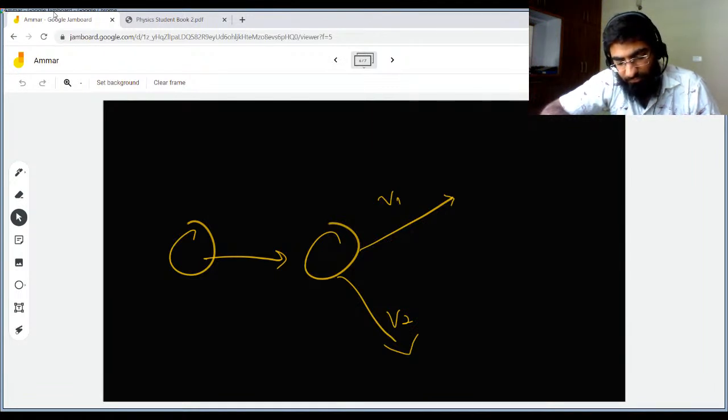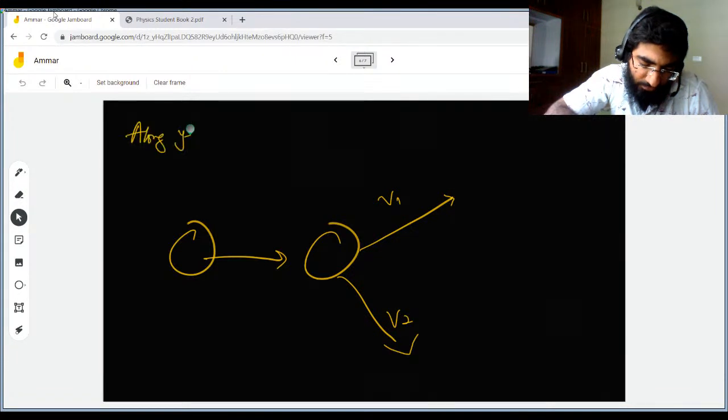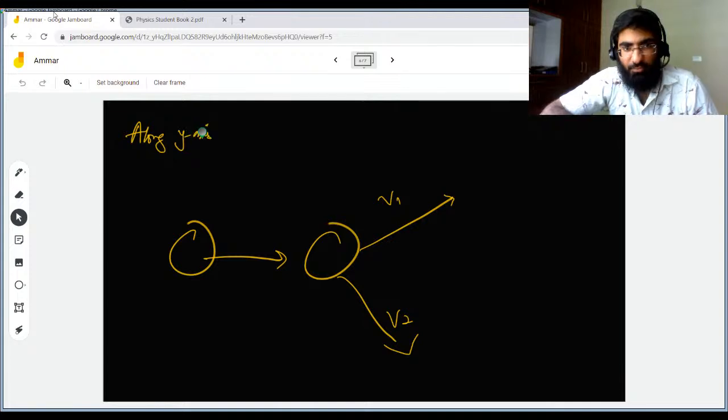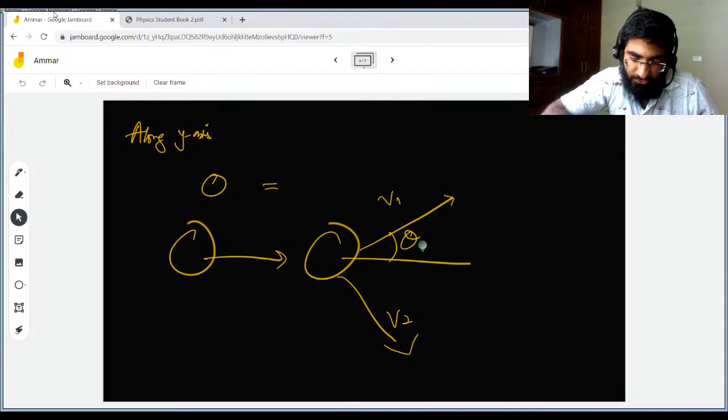The same. It was zero, if I talk about along the y-axis. Since they were proceeding along the x-axis, the momentum along the y-axis was zero. So total momentum before collision along the y-axis is zero, and total momentum after collision along the y-axis is, call this theta 1, call this theta 2.